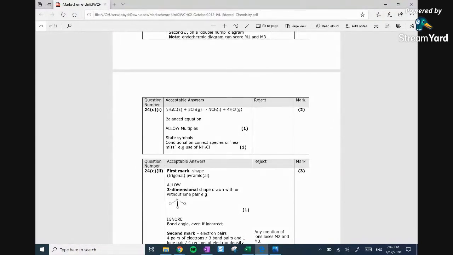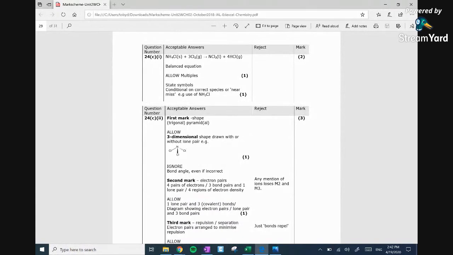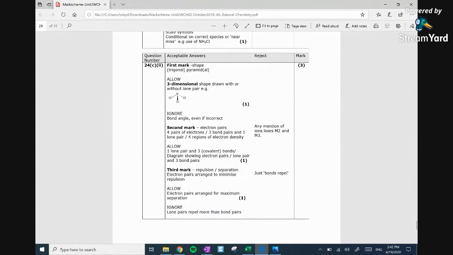Balanced equation. Bam. Pyramidal, love it. 3-dimensional picture. Oh, allow it. I like it. Electron pairs, 4 pairs, 3 bonding, 1 lone. Repulsion separates electrons, arranged to minimize repulsion.